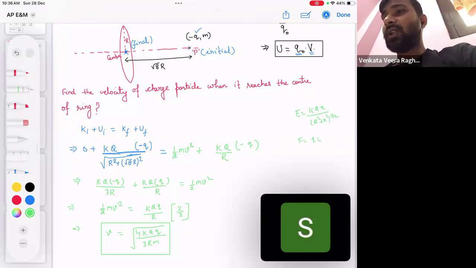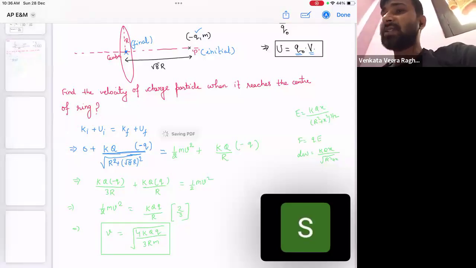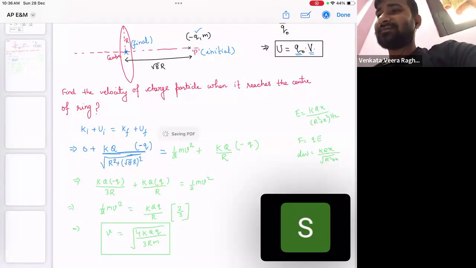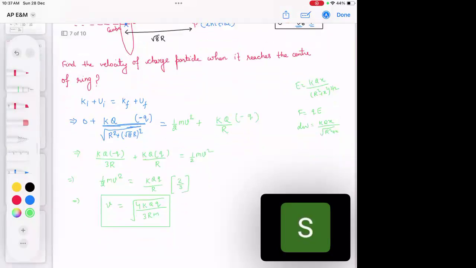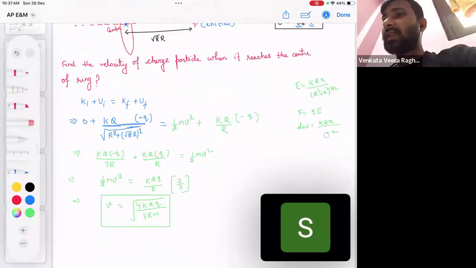The force will become Q into E. The small amount of work done will be KQX by (R square plus X squared) to the power 3 by 2, then we will write dx. Then we will integrate it. Now check it. You will see the same result will come.